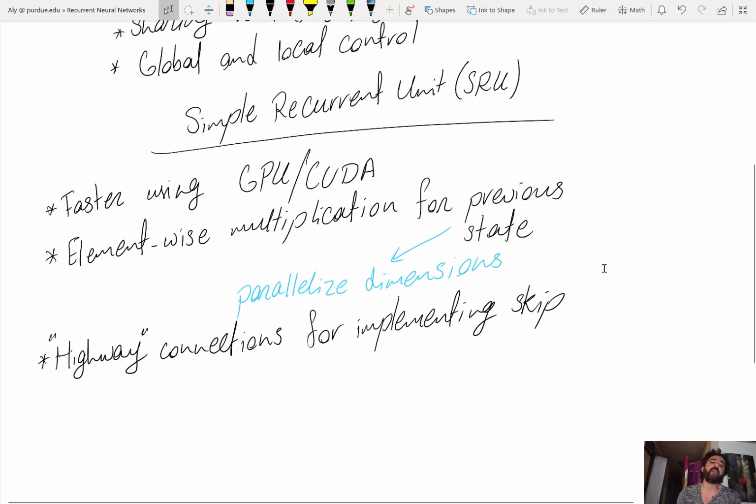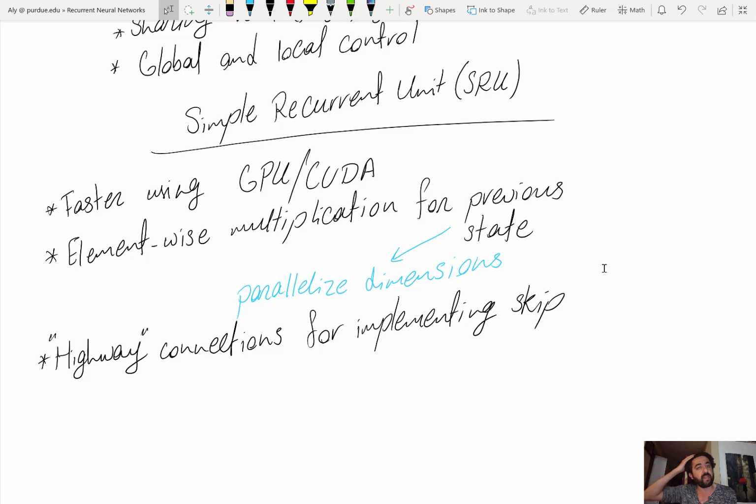Another variant that is very powerful in terms of computational efficiency is called simple recurrent units, and the abbreviation is SRU. They are basically faster whenever graphical processing units and the CUDA environment specifically are available, because they do a lot of optimizations that make things a lot faster at the cost of a possible reduction in accuracy.